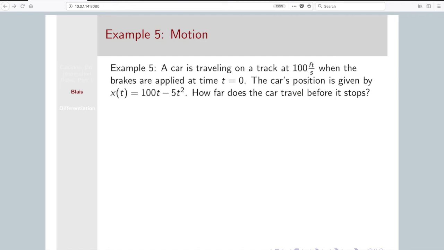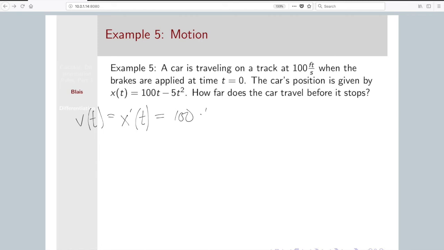Well, the first thing we want to think about here is rate of change. This is its position. What do we know is true when the car actually stops? We know that instantaneously its velocity will be 0. And remember that our velocity is the rate of change of position. So we can now use our differentiation rules. Power rule, term by term: 100, we have t to the 1.